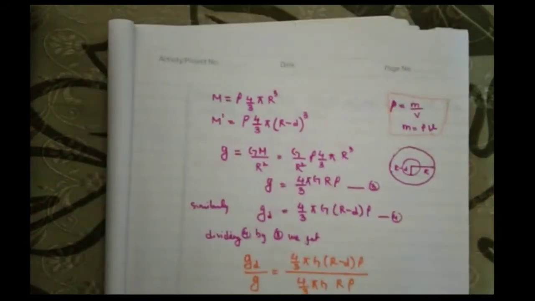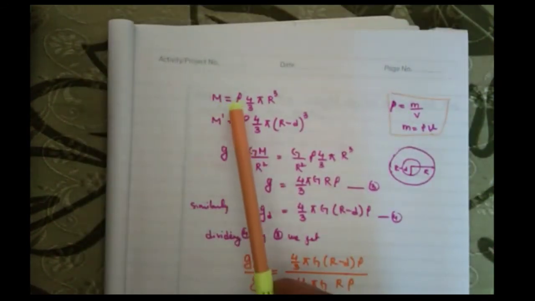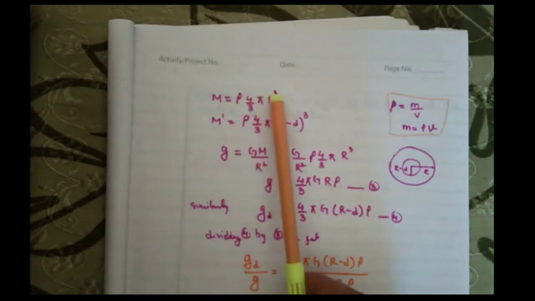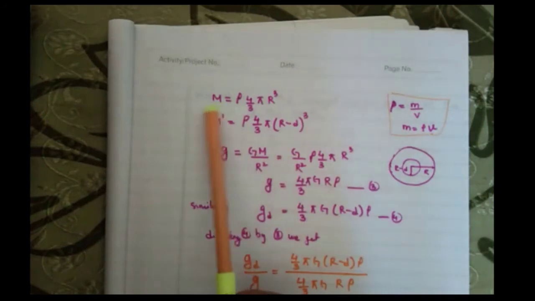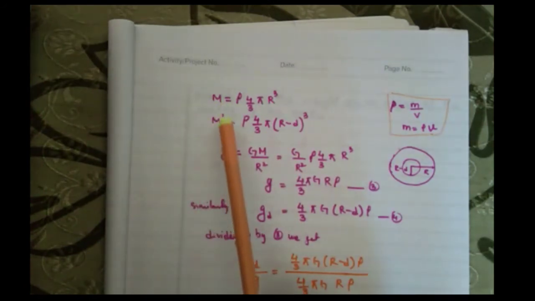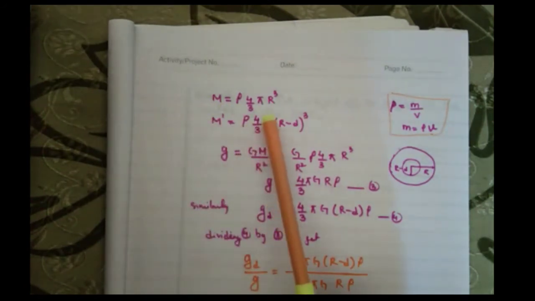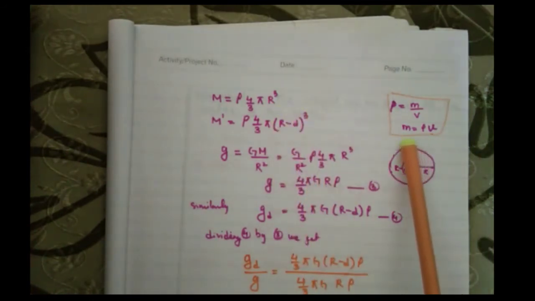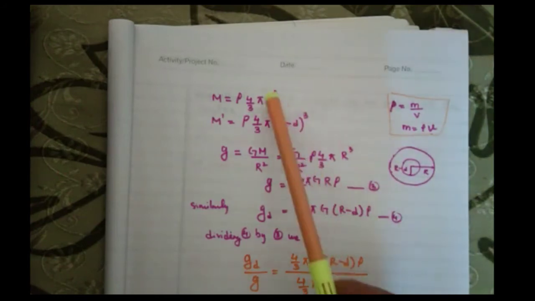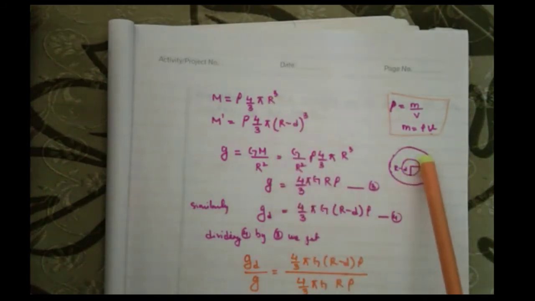The mass of the actual earth, the larger sphere, is rho times 4 by 3 pi R cube, which is the volume of the earth times density. The mass of the inner sphere is M' equals rho times 4 by 3 pi times (R minus d) whole cube. Here you can see this is the larger sphere with radius R, and this is the smaller sphere with radius R minus d.